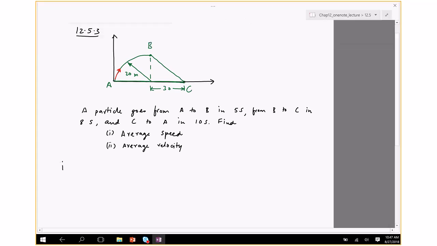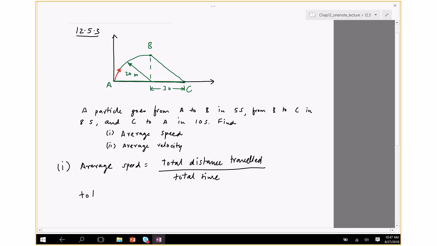Okay, let's write the definition of average speed. It's basically the total distance traveled divided by the total time. So let's find the total distance traveled.